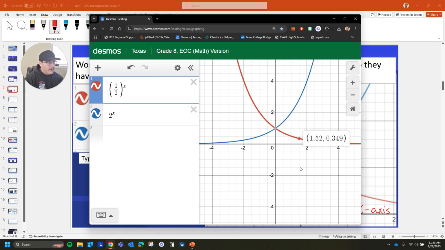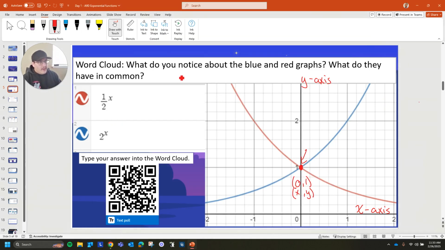That flattened part where it gets close to but never actually touches is called the horizontal asymptote. How do you spell asymptote? A-S-Y-M-P-T-O-T-E. What is an asymptote? An asymptote is an imaginary line that the graph will get close to but never actually touch.